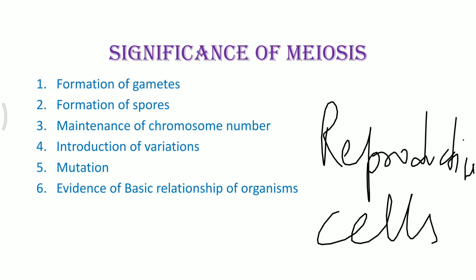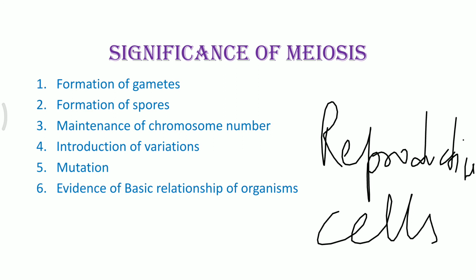Mutation means that during the same process of meiosis, when new cells are getting formed, at the same time certain new characters can be developed, and these new characters which become evident are because of certain mutations which occur during this crossing over.